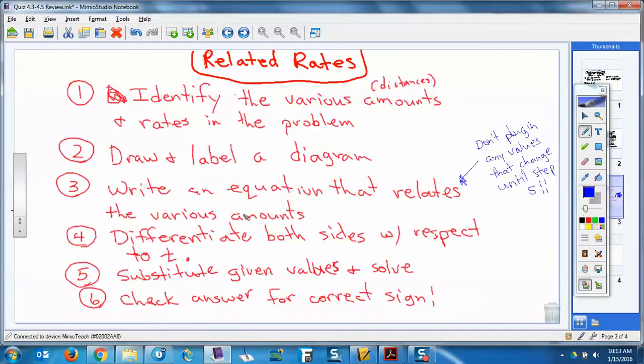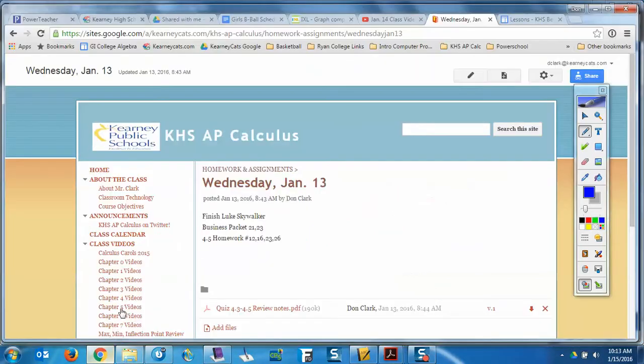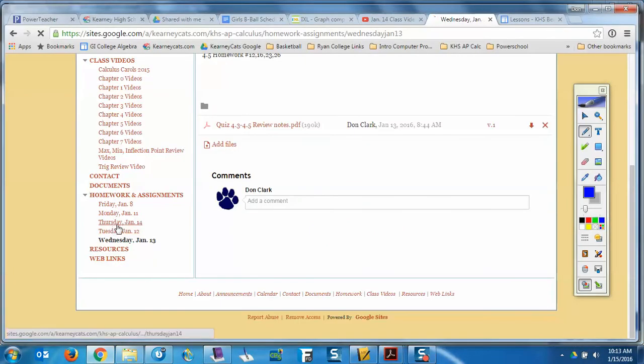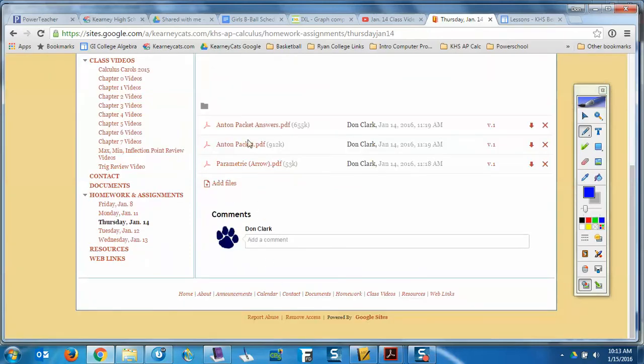This page, and this page with those kind of steps. Under Thursday, yesterday, I have the Anton packet and the answers to the Anton packet. And then on today's, I'm going to give you some additional problems out of that packet, both some optimization, some related rates, and so on. Under Friday, that's January 8th, but under Friday, today's date, I'll have posted those additional answers, so you can use those as review, as you're getting ready for this quiz.